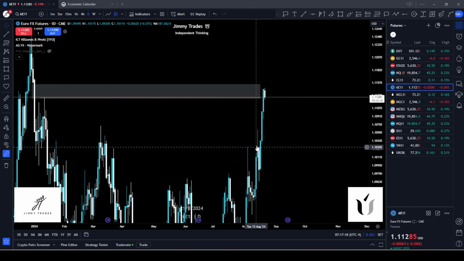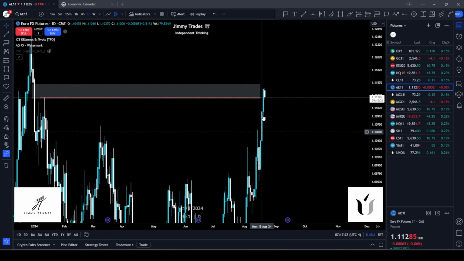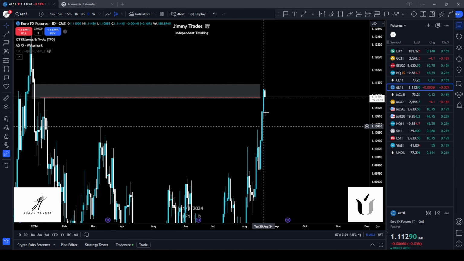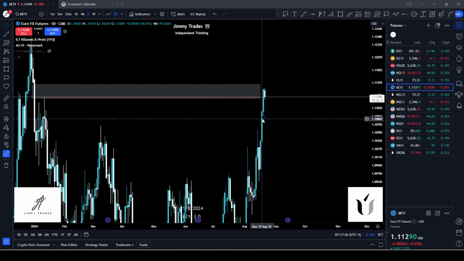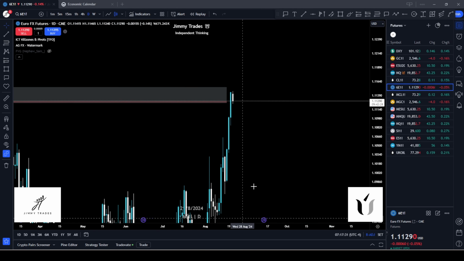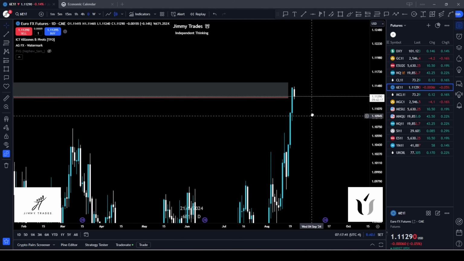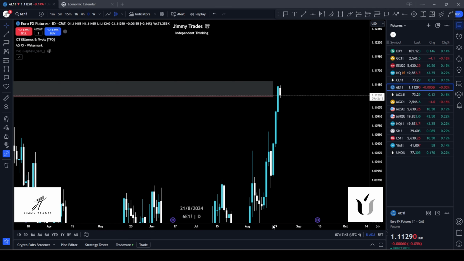But have a look at how all these candles, the last 3 days, how they've closed. They are extremely bullish. There's virtually no wick to the high side on yesterday's candle. So I'm not straight away bearish on euro.